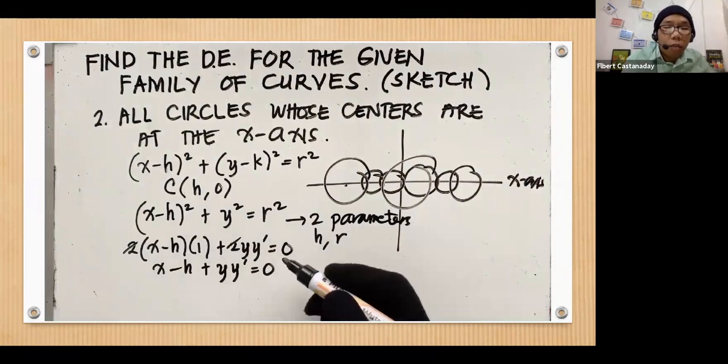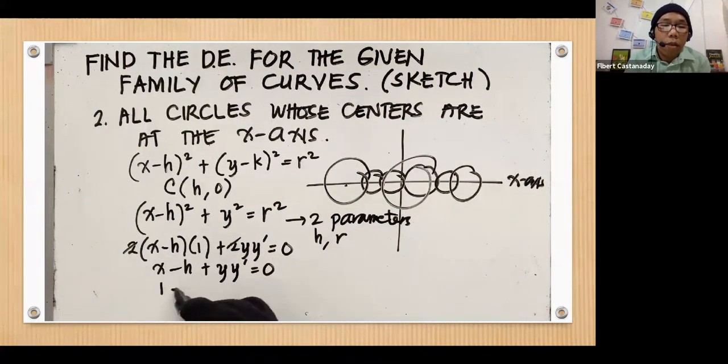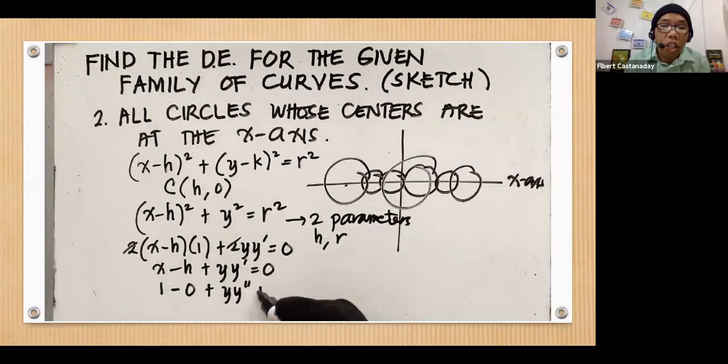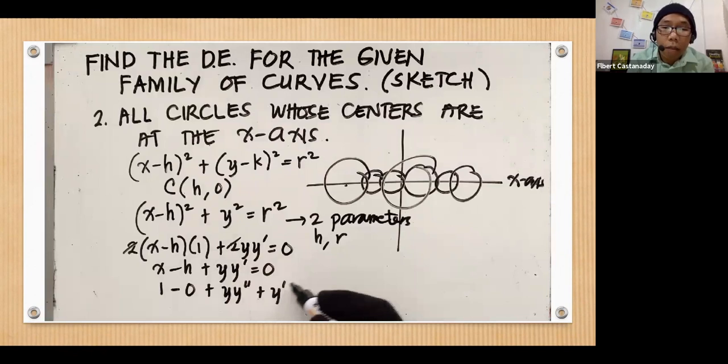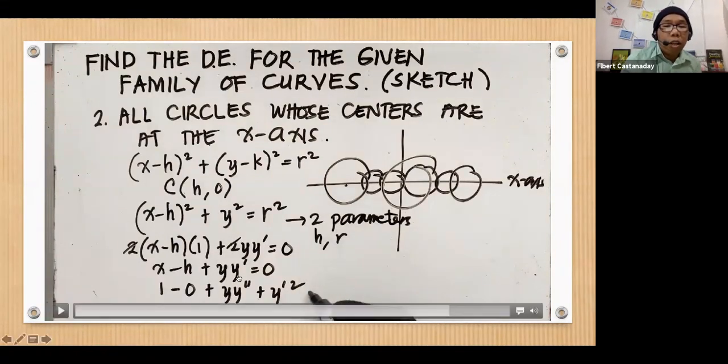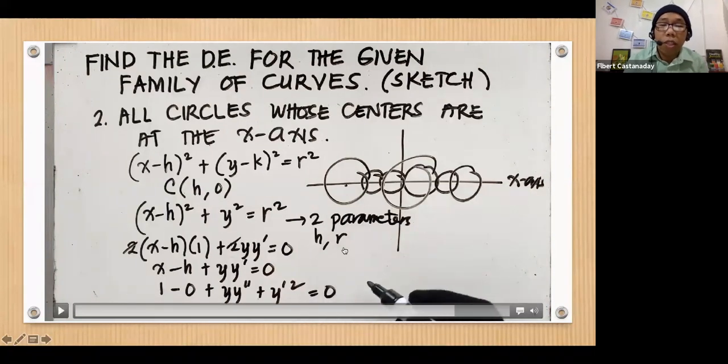So differentiating this will give us 1 minus derivative of h is 0 plus product rule lang, y y double prime plus (y prime) squared. Okay? Ito ay product rule, u dv plus v du equal to 0. So as you noticed, after differentiating this equation, we were able to eliminate the arbitrary constants.